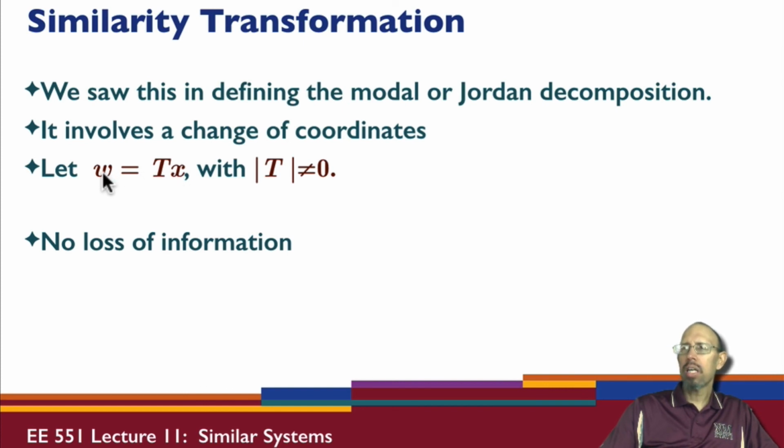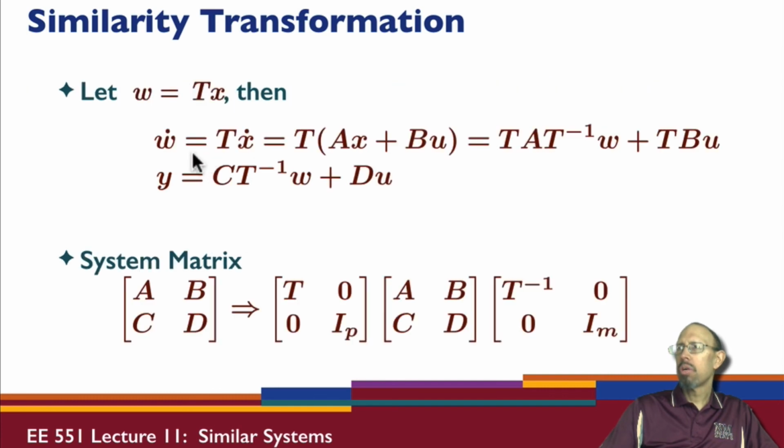How is the state model associated with W related to the state model associated with X? Well, if we differentiate this equation, W dot is equal to T times X dot. But X dot is equal to AX plus BU.